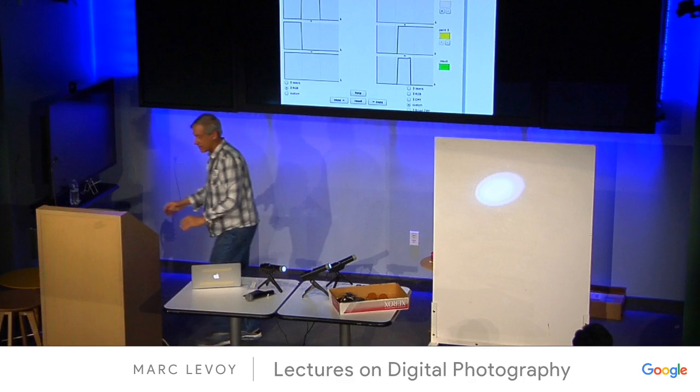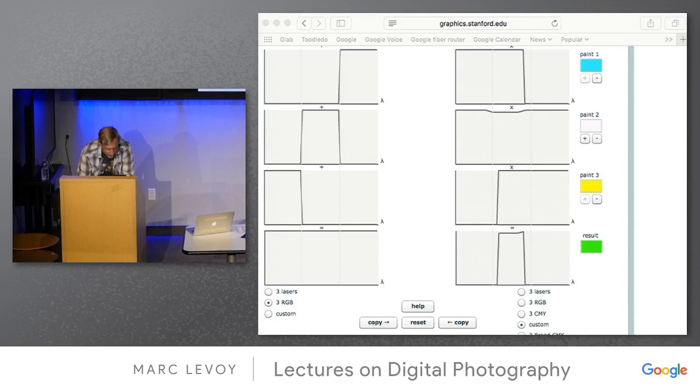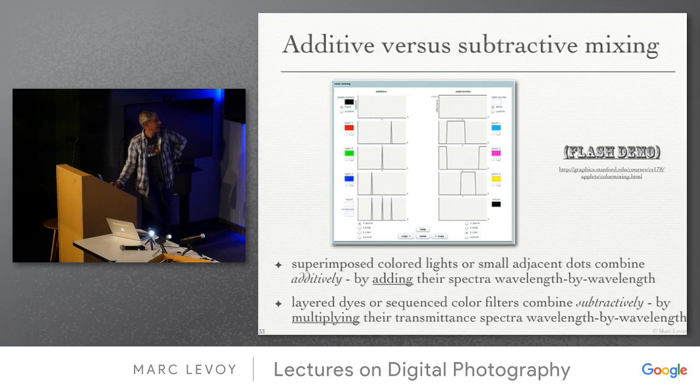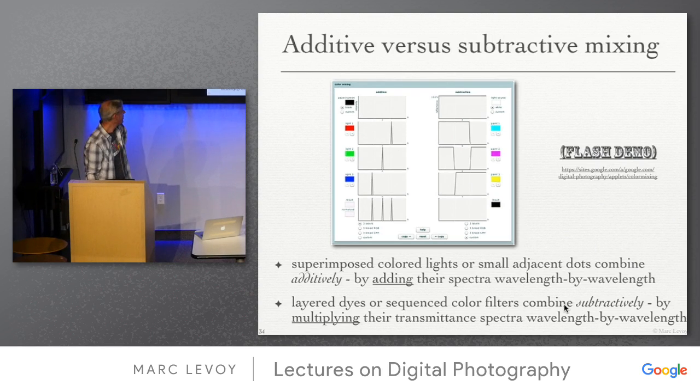So let me summarize those results. Okay, so what did we do? We first added lights by adding their spectra wavelength by wavelength, and we did subtraction by multiplying their spectra, wavelength by wavelength.